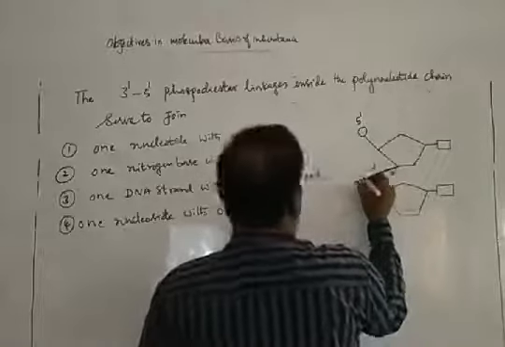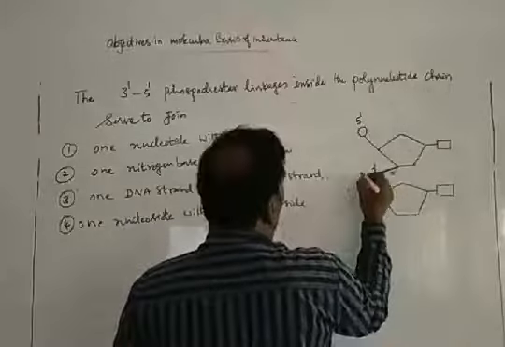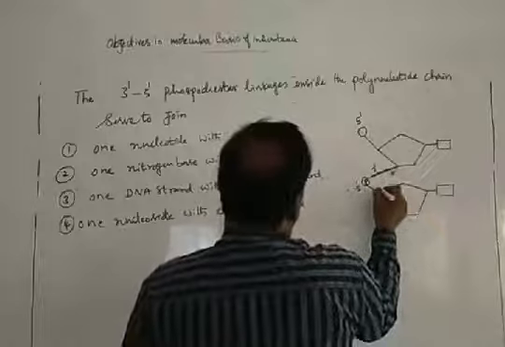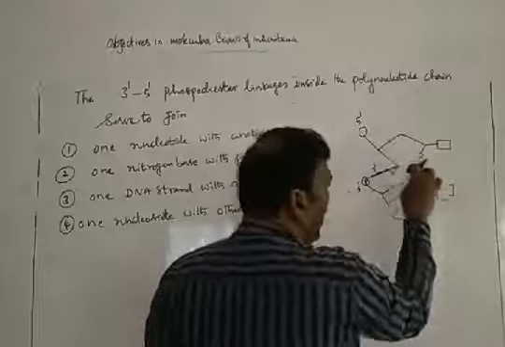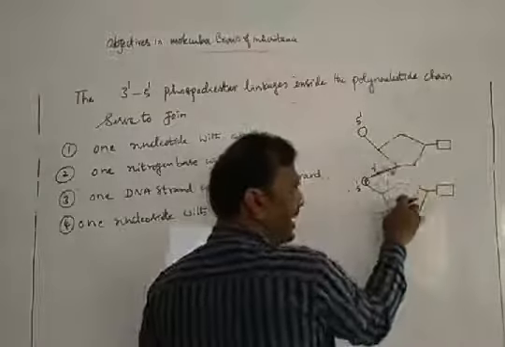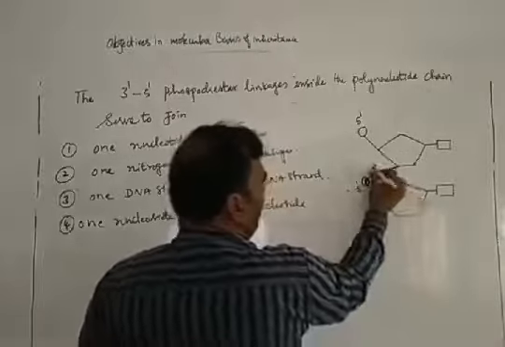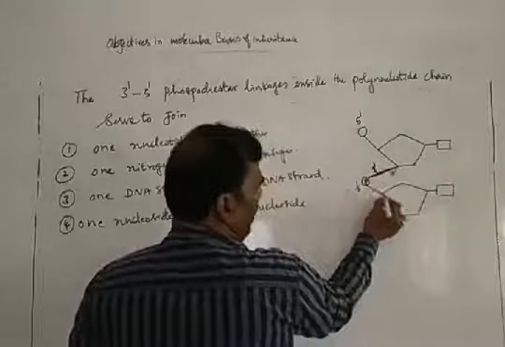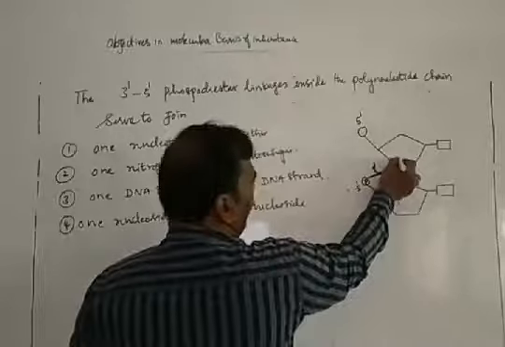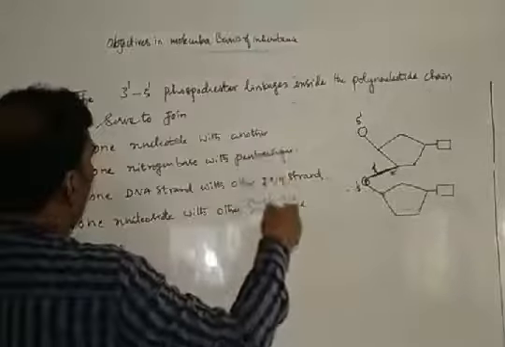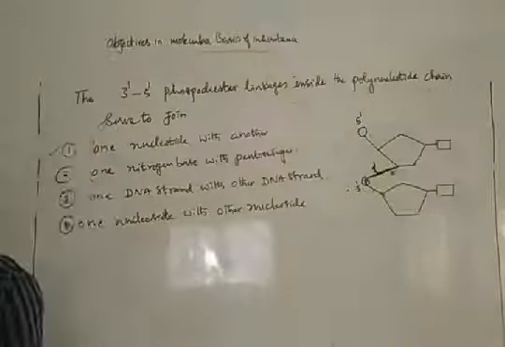This is the 3 prime to 5 prime link. The 3' 5' phosphodiester link inside the polynucleotide chain serves to join one nucleotide with the other. There are two ester bonds joining the two nucleotides inside the polynucleotide chain.